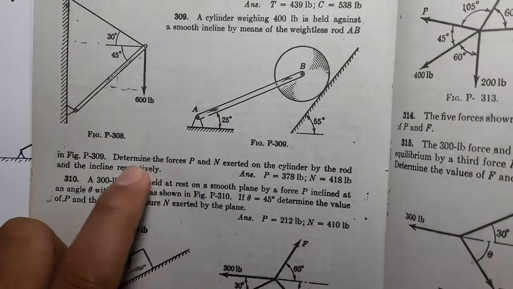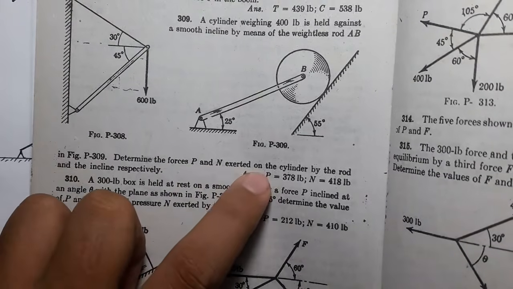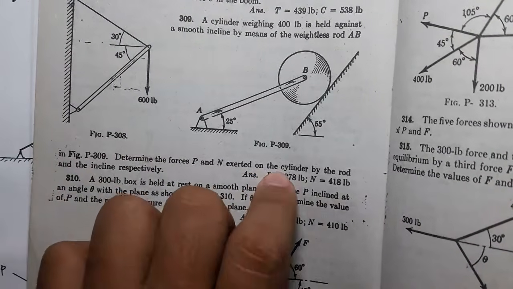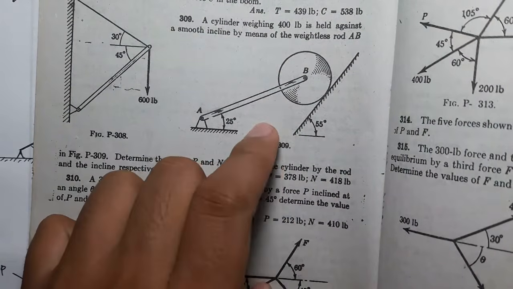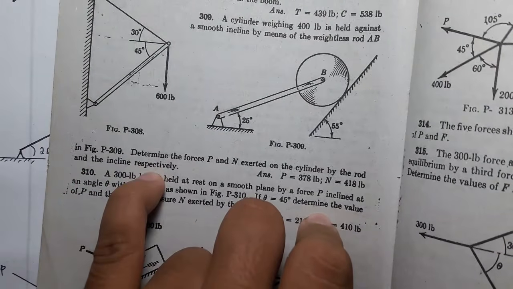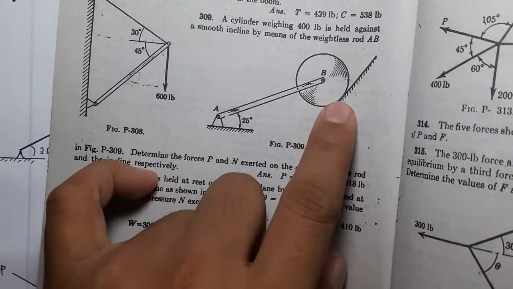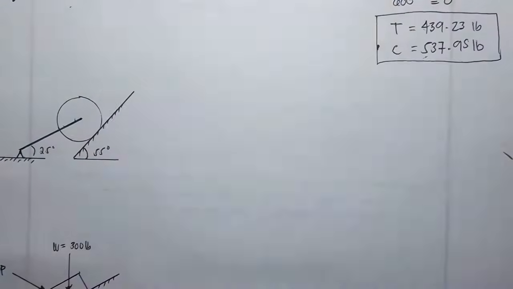Determine the force P and N exerted on the cylinder by the rod. This rod exerts force P, and the incline also has the force N, or the normal force.